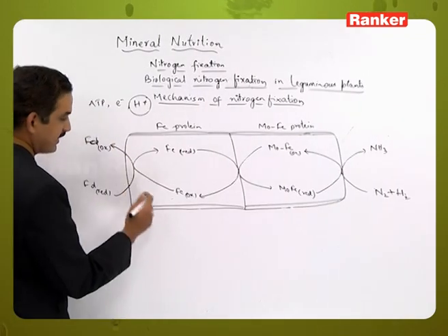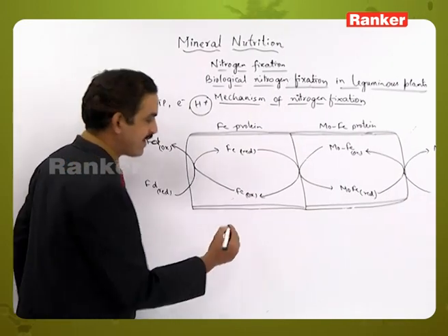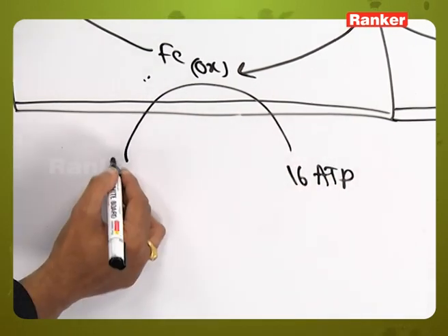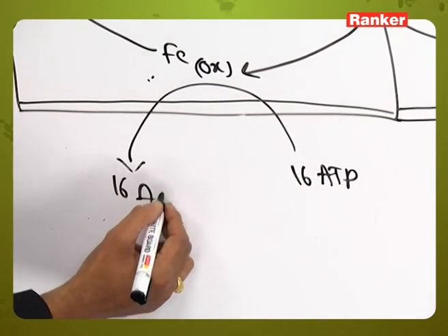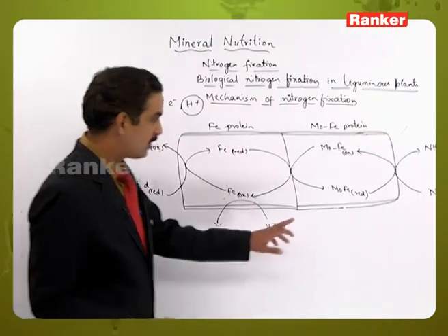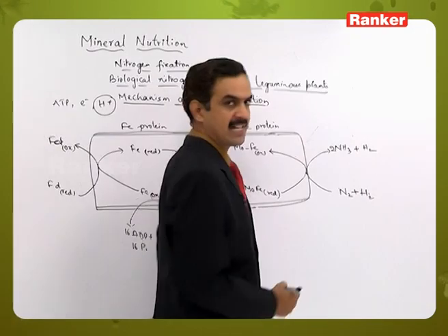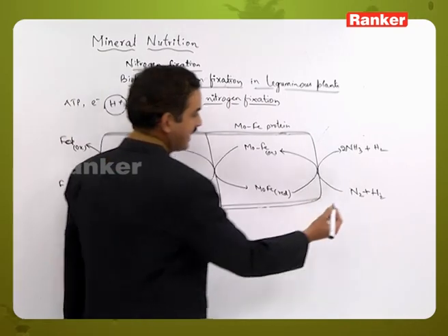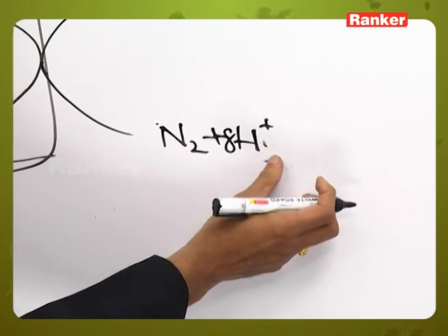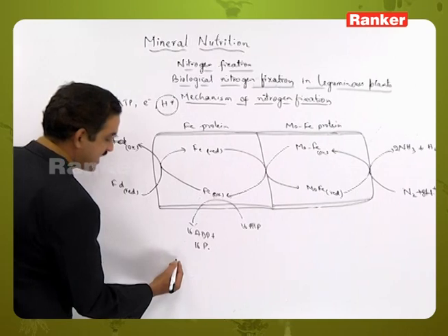For this transfer of electrons through the iron and molybdenum iron protein part, they require energy provided by 16 molecules of ATP, which are converted into 16 molecules of ADP plus 16 molecules of inorganic phosphate. Finally, 2 molecules of ammonia will be formed along with some hydrogen released. For this process, 8 protons and 8 electrons are required, and 16 ATP will be utilized.